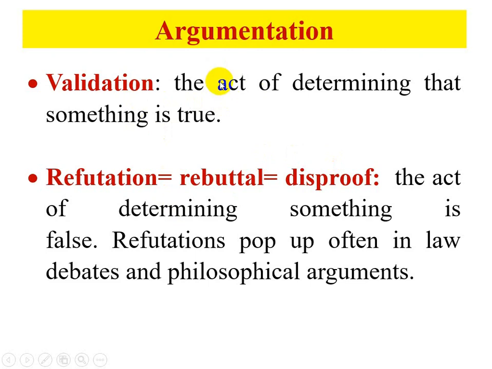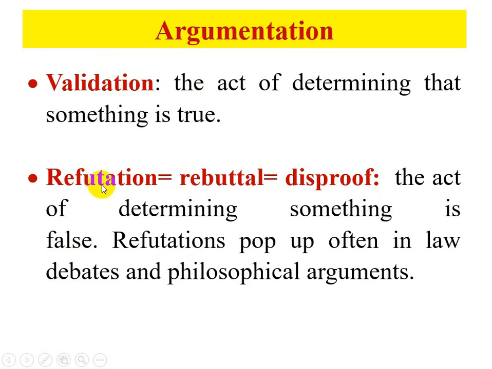This is the act of determining that some idea or opinion is true. So when we are proving that something is true, this is called validation, or supporting this idea, or defending that it is true. And when you are determining something as false, this is called refutation.